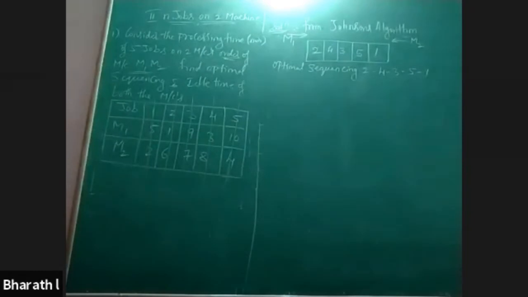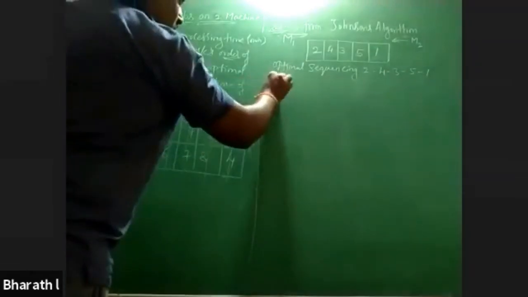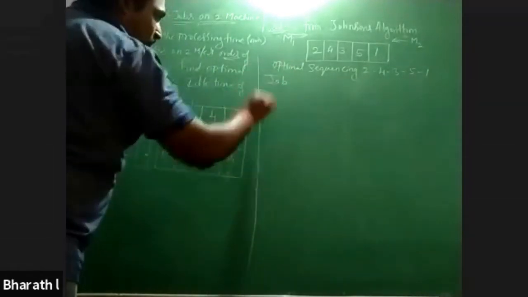Next, to find the idle time and total elapsed time, we construct a table. Here you have the job.